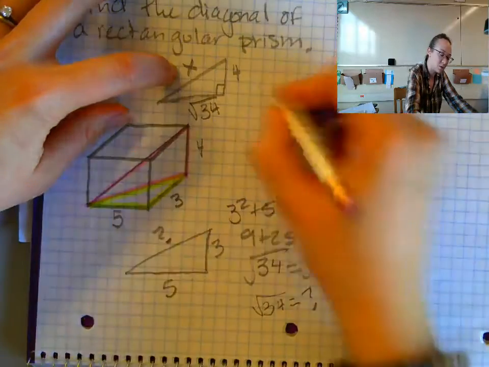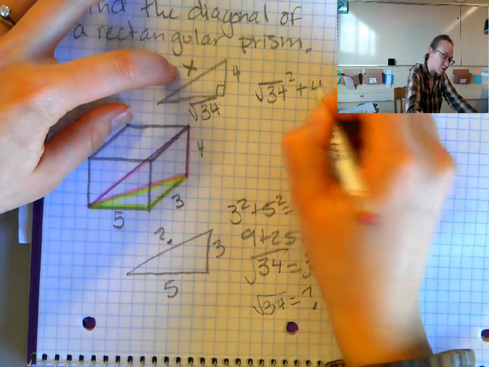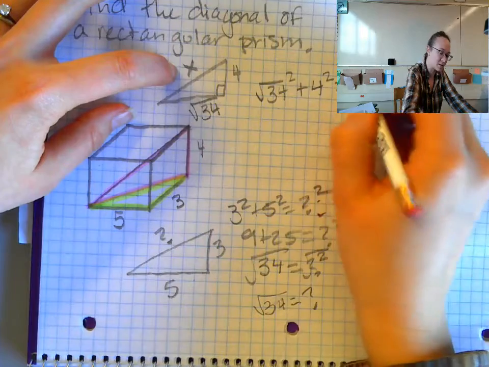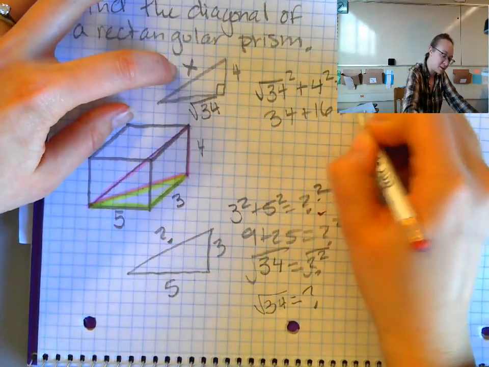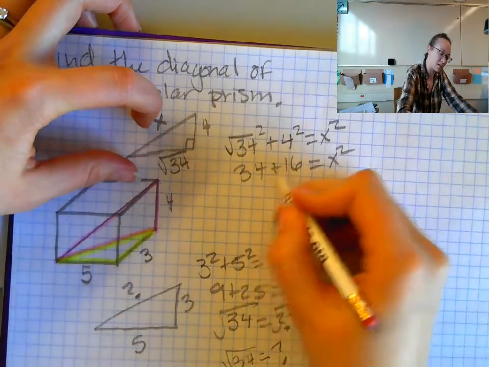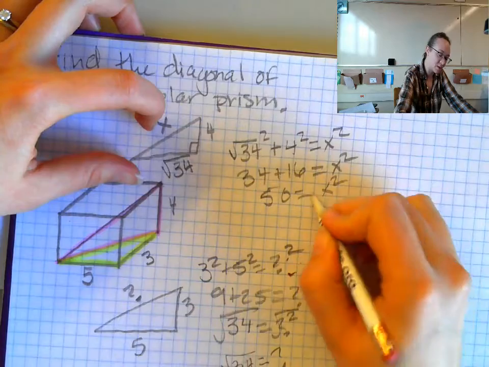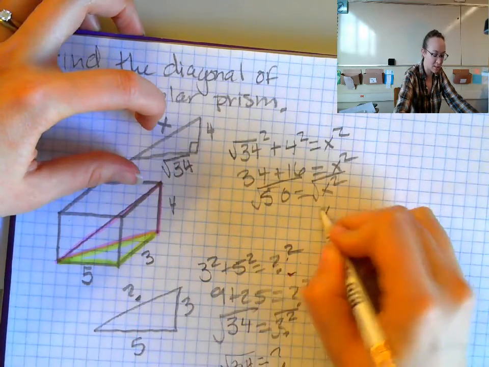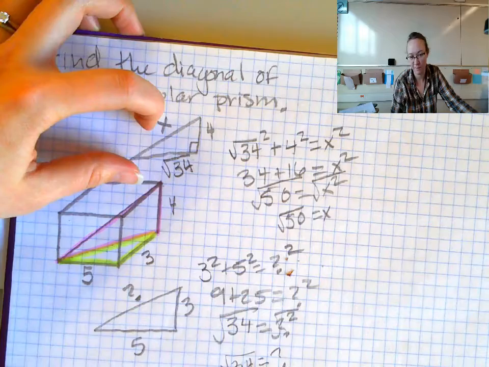So I'm going to do square root of 34 squared plus 4 squared equals x squared. 34 plus 16 equals x squared. Oops, sorry. So that gives me 50 equals x squared. Square root, and x equals the square root of 50.